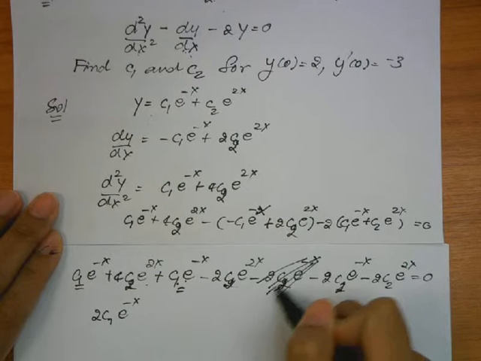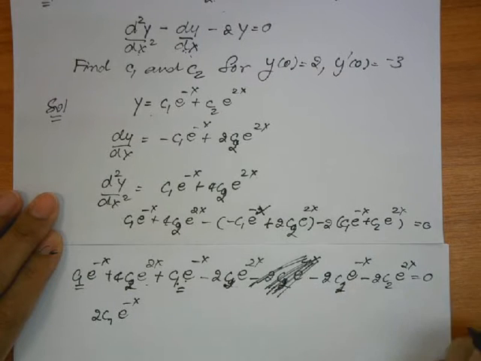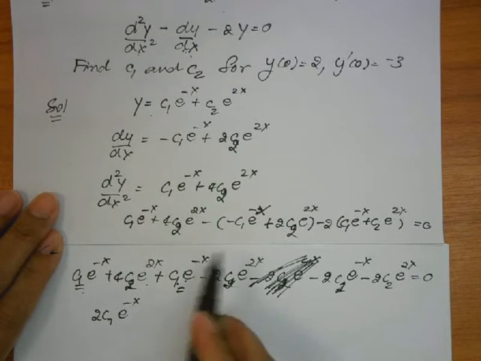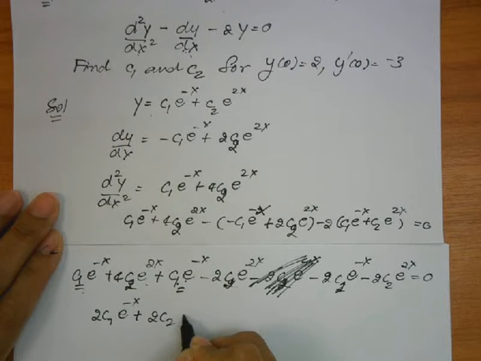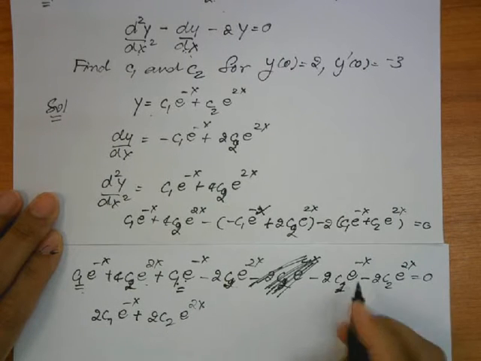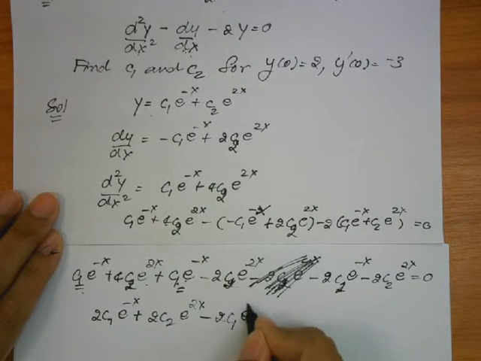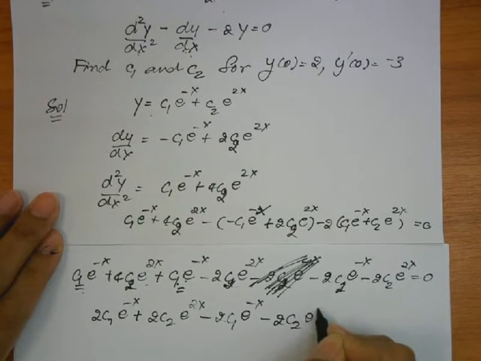Okay, we don't have this one. And this one and this one, you got 2, right? And then this one and this one, you got plus 2c2. And this one minus 2c1 exponential minus x minus 2c2 exponential 2x.